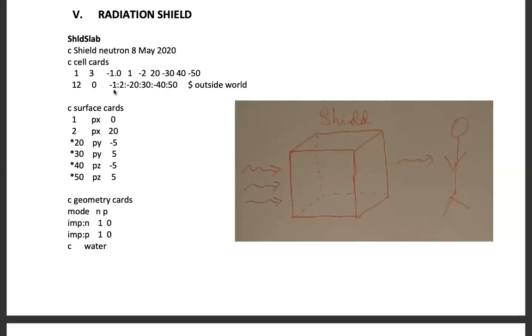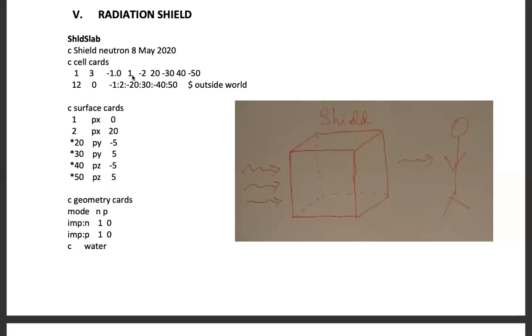The outside world is the opposite of this. If this was greater than 1, this is less than 1. That was less than 2, this is greater than 2. So all the signs over here are inverted. So it's the outside world, and there's a union operator. When you don't have any Boolean operator here, that means the intersection.